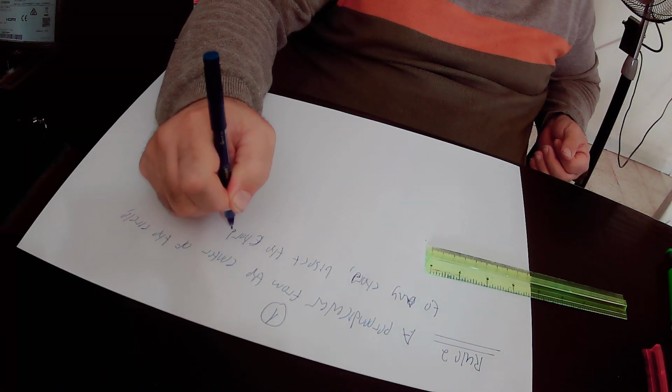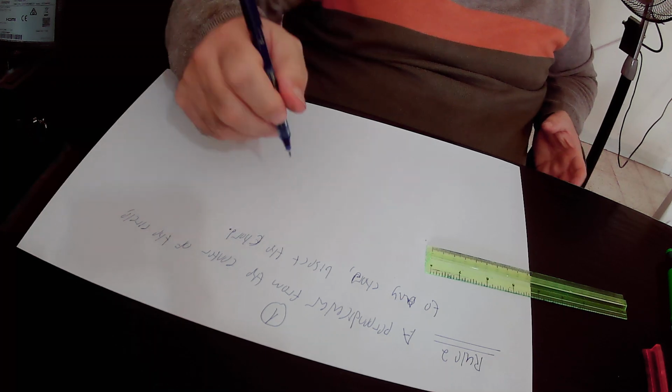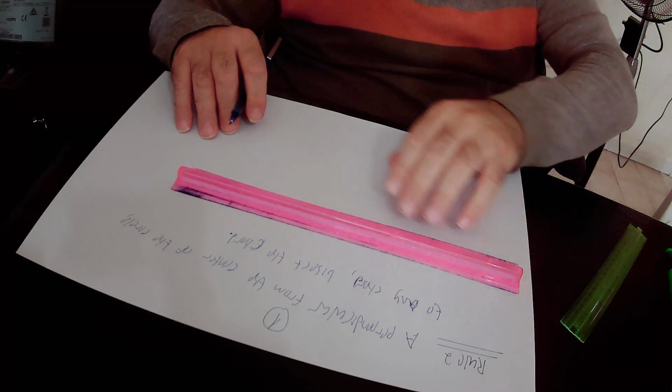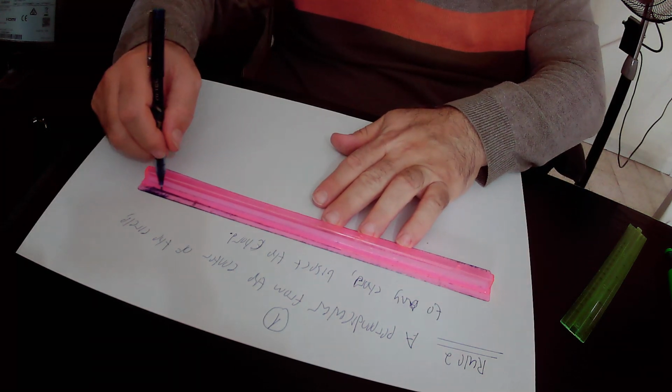So according to rule number 2, whenever you have a perpendicular from the center of the circle towards any chord, it will bisect the chord.